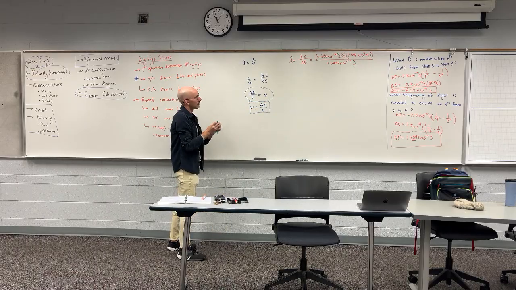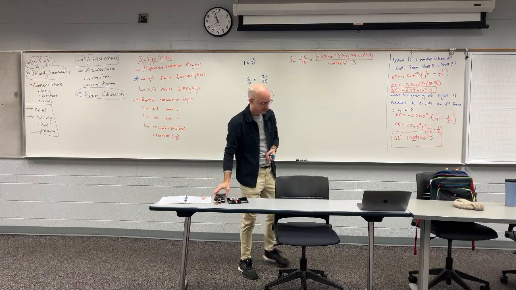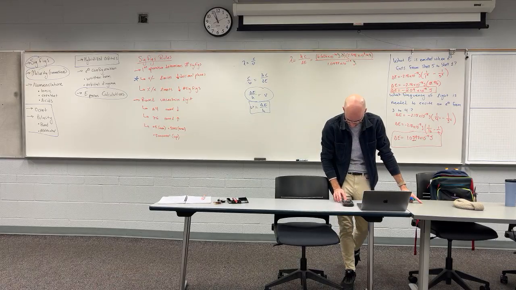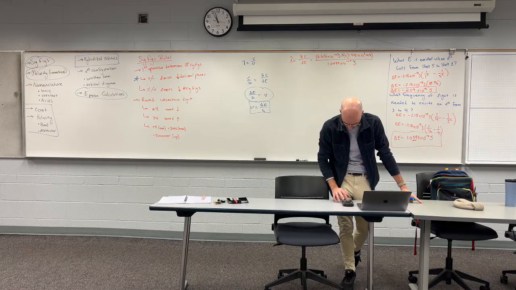All right, so let's plug in this number. How do you think I should round my sig figs here? Four sig figs? Or maybe I just don't round my sig figs here. That was kind of a trick question.